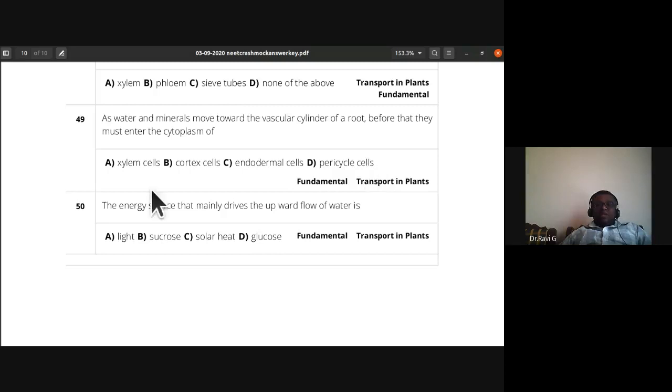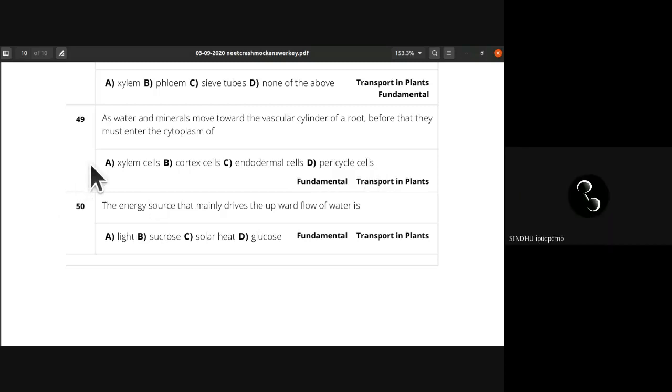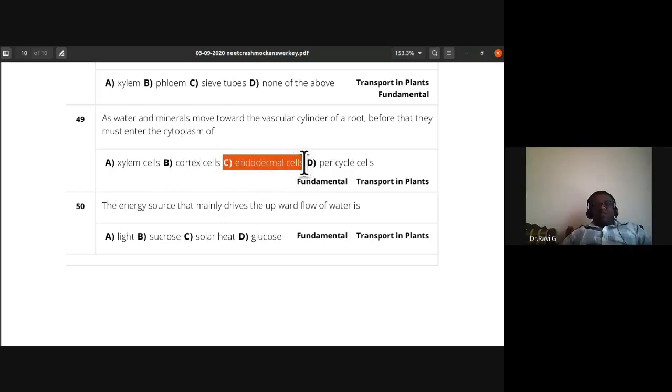So where should they enter? Endodermal cells. They should enter the cytoplasm of endodermal cells before they enter into the cylinder. Vascular cylinder indicates it is xylem. Okay, the question was for 49th, isn't it? For 49, the answer is C, endodermal cells.